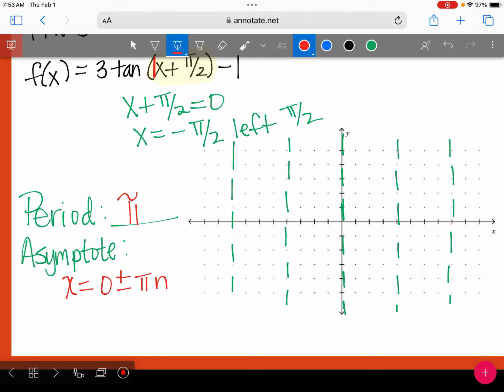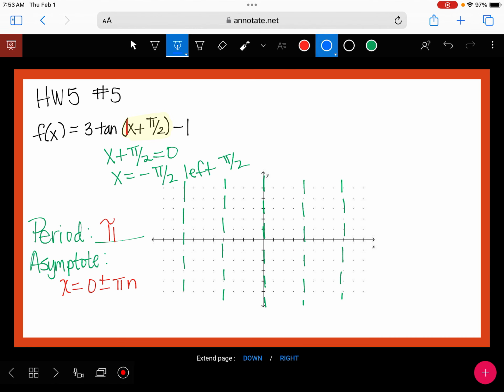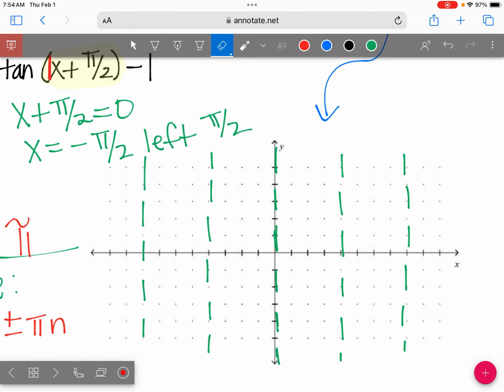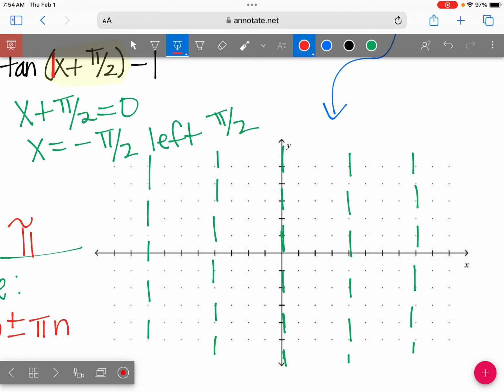So normally tangent, does tangent go up or down? Is the wave going up like that, or does it go down? Go up, right. So normally I would have my points here, here, and here.